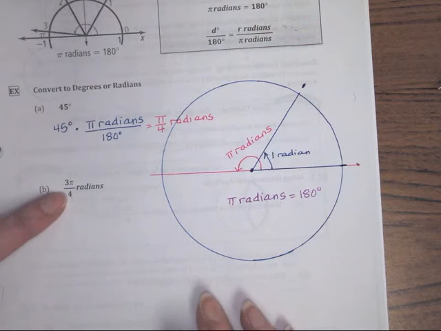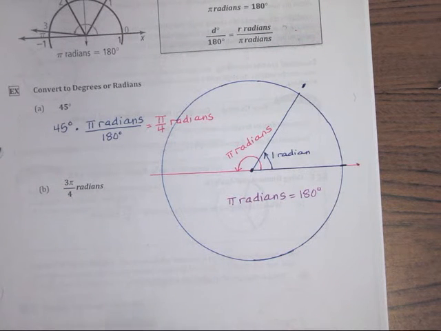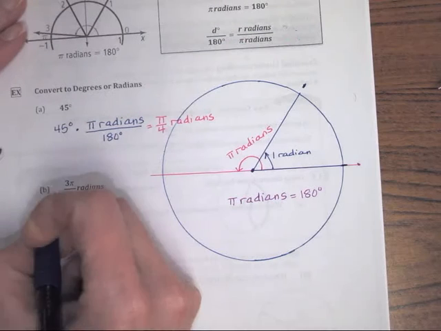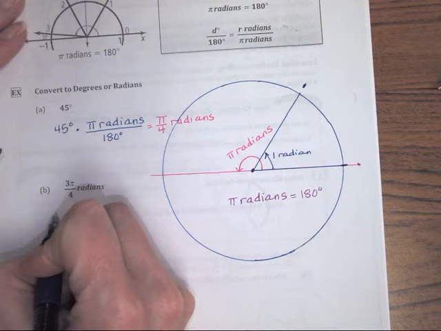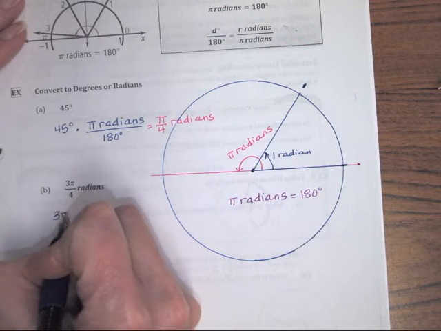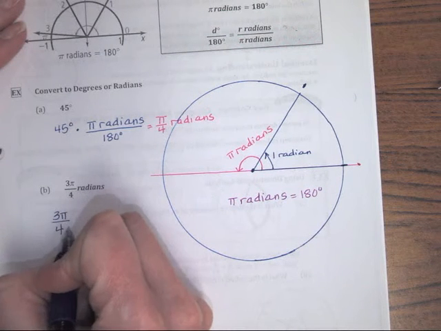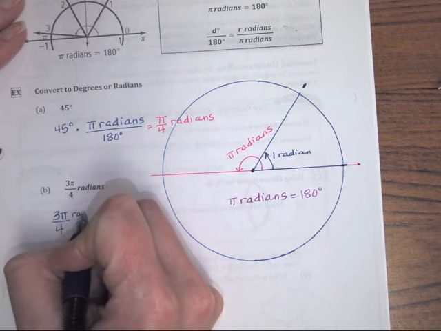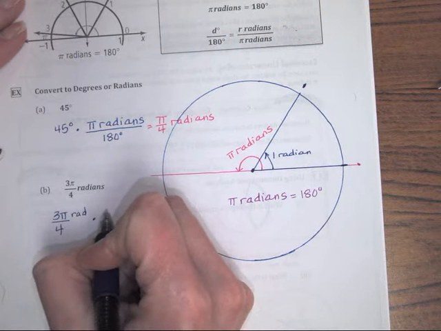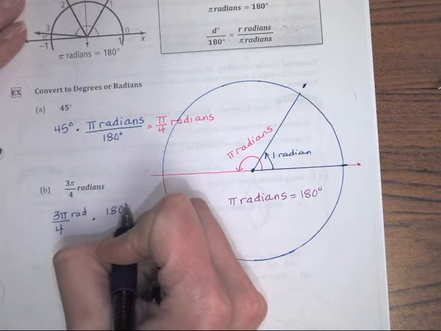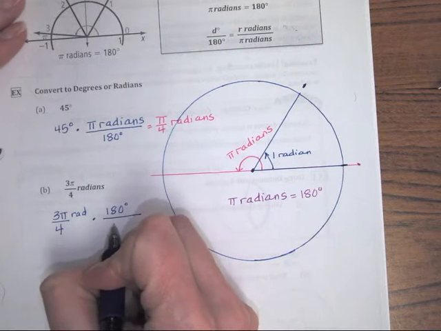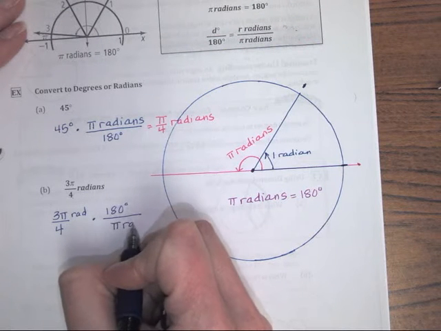Now, over here I have 3 pi over 4 radians, and I want to convert that into degrees. So I'm going to do something similar, but yet opposite. So 3 pi over 4 radians, I'll just put RAD, times 180 degrees over pi radians.